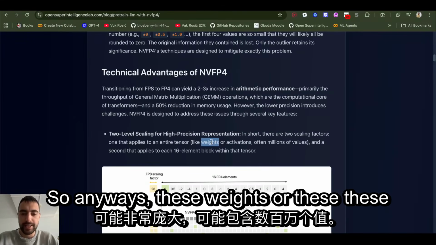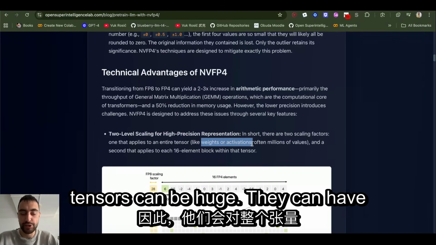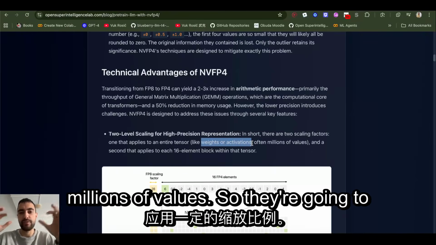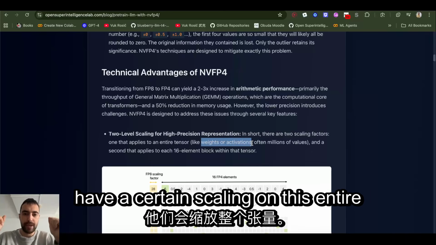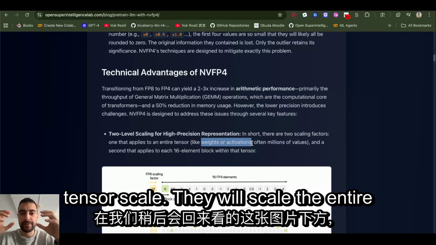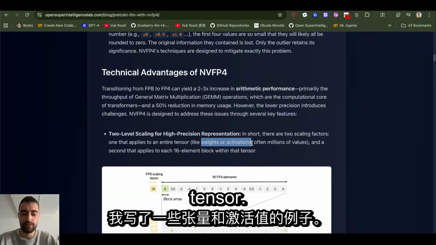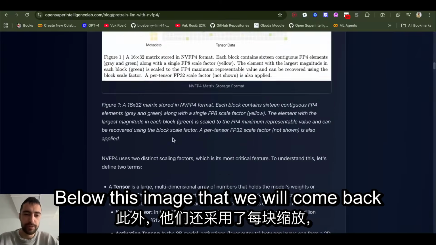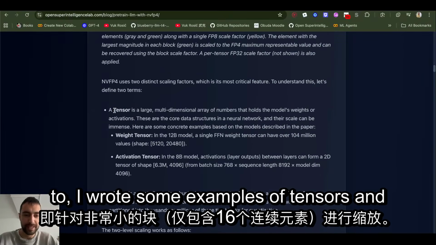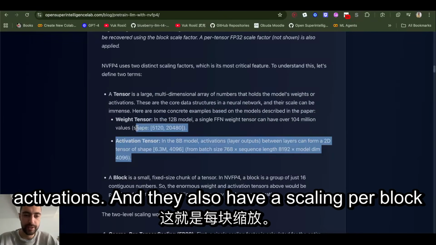Anyways, these weights or these tensors can be huge. They can have millions of values. So they're going to have a certain scaling on this entire tensor scale. They will scale the entire tensor. Below this image that we will come back to, I wrote some examples of tensors and activations.